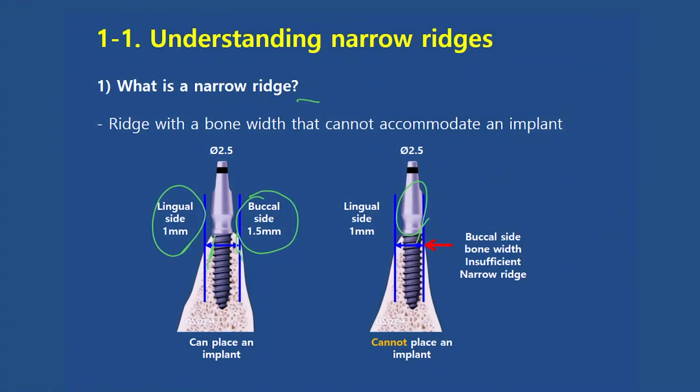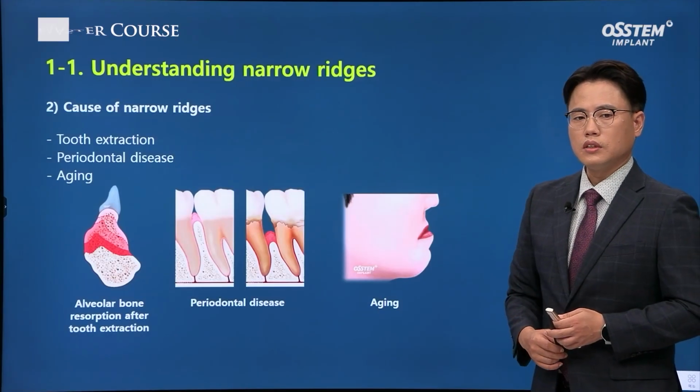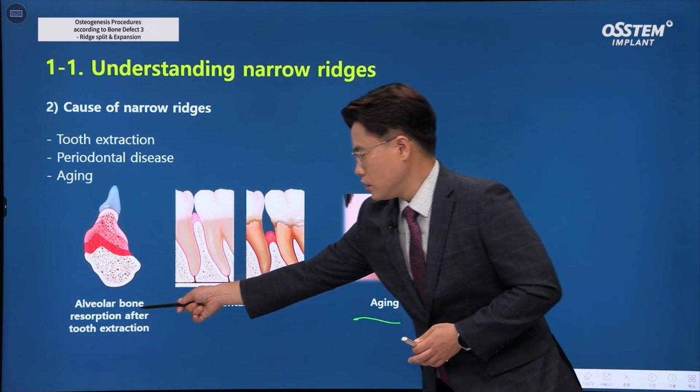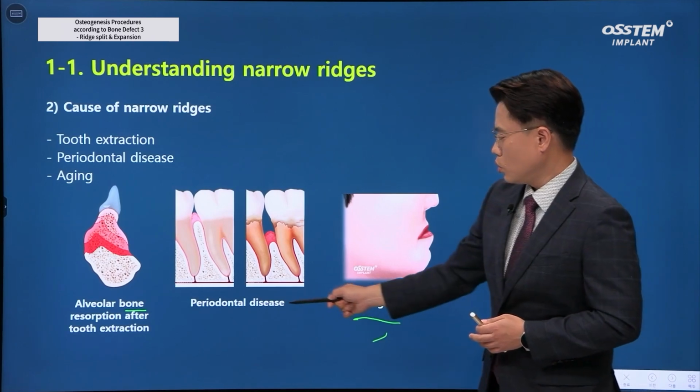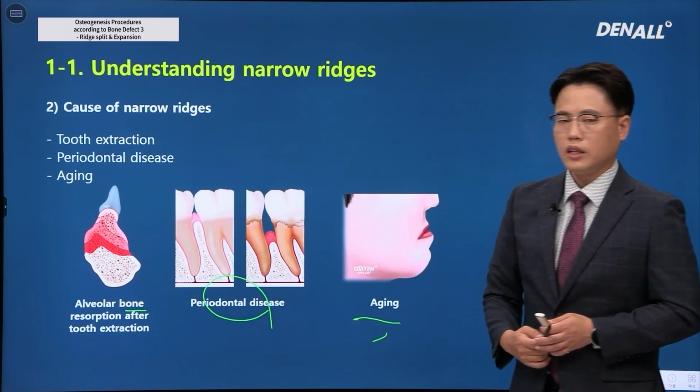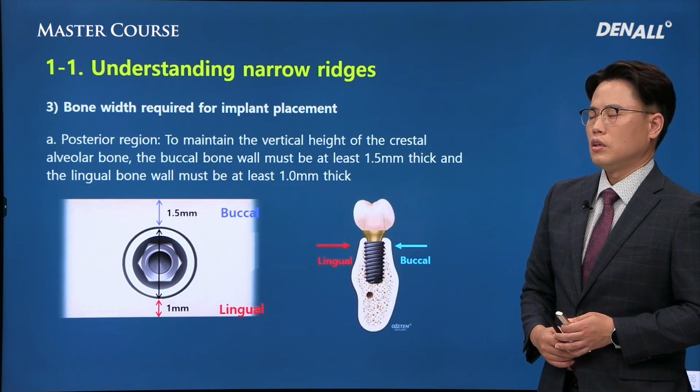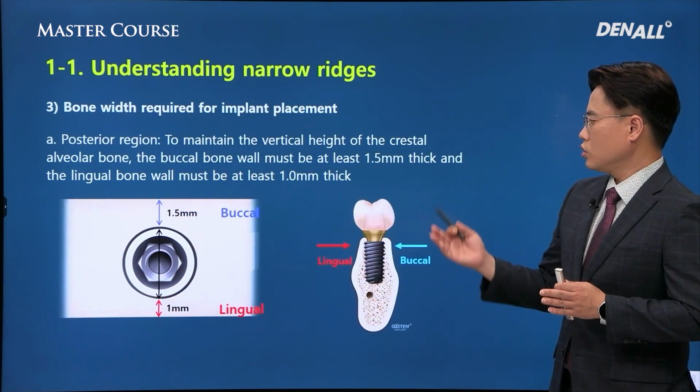If such requirement is not satisfied, then it can be defined as narrow ridge. There are many reasons where it results in narrow ridge. Aging after extraction and destruction of surrounding bone tissue can lead to a narrow ridge.